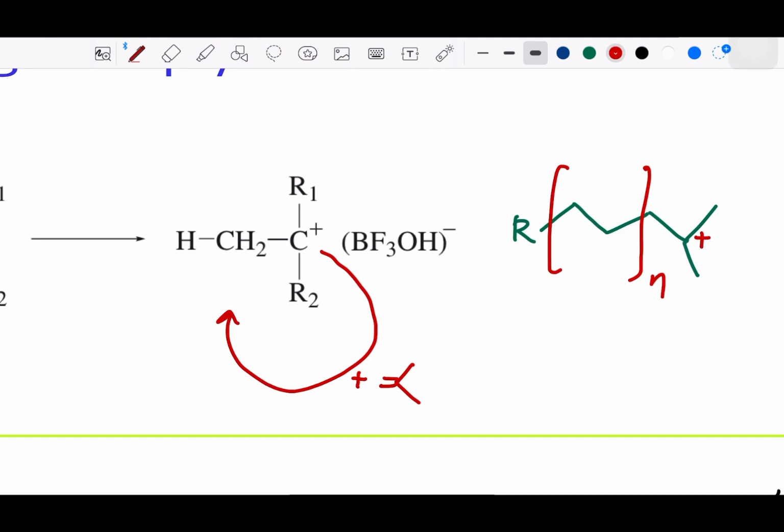But at the end, we still have these ions, so we need to terminate this, right?